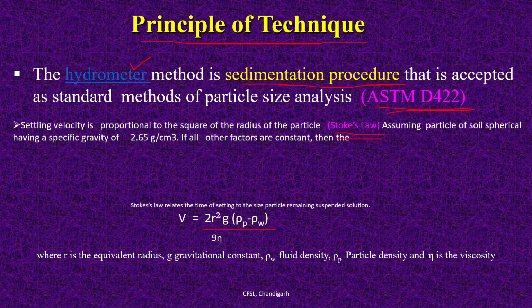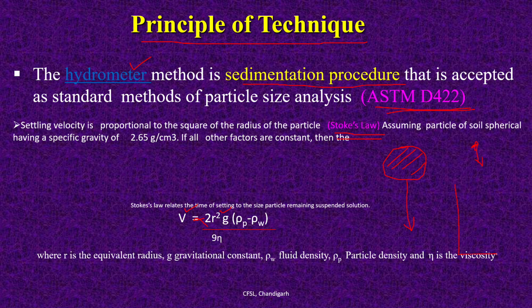Stokes law states that the velocity of a particle is directly proportional to the square of its radius. So a particle with a larger size has more velocity than a particle with a lower radius, which has a lower velocity.